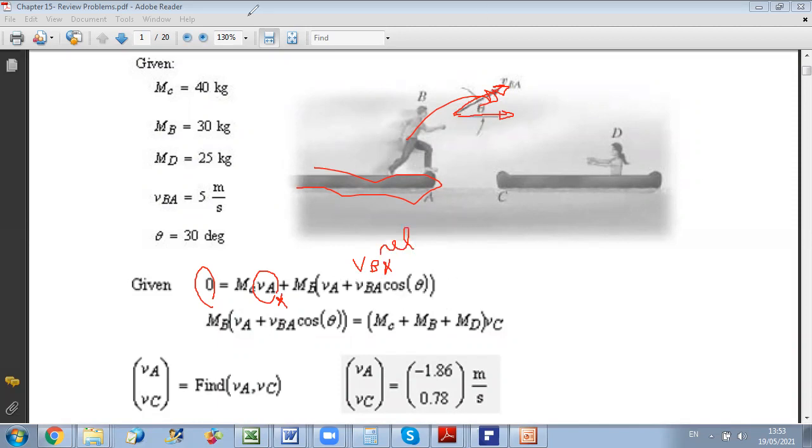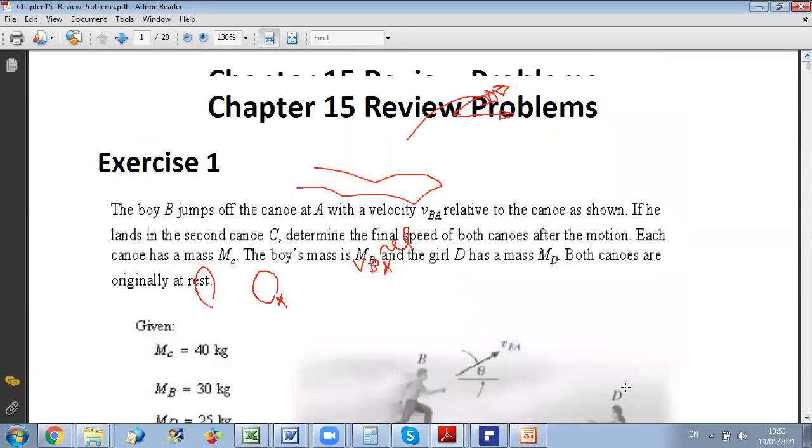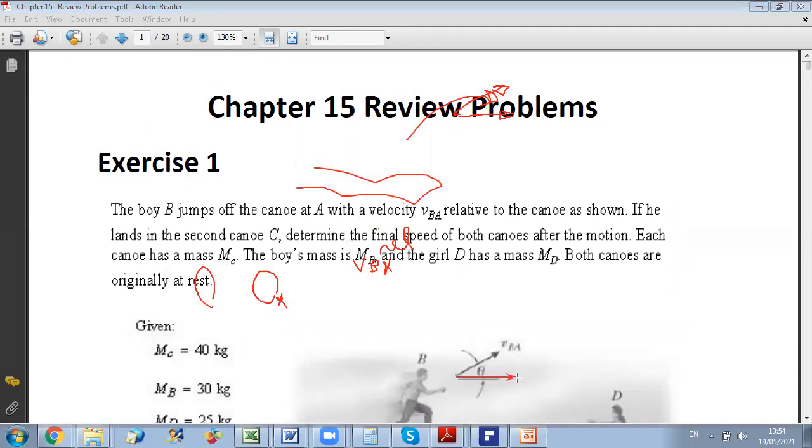If the relative velocity were horizontal, I would directly write plus VB relative to A. Okay, but since it's inclined I should decompose it into X and Y components. The X component is VBA cosine theta and the Y component is VBA sin theta.